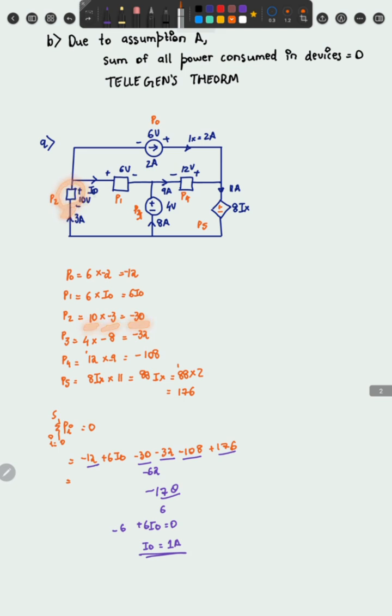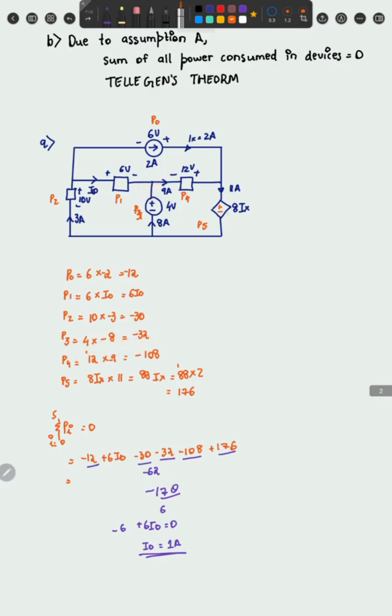For P1, the current is entering the positive terminal, no need to change: 6 into I naught, that is 6 I naught. For P4, the current is entering negative, it should have entered positive, so P4 is 12 into -9, that is -108. For P3, the current is entering negative, it should have entered positive, so -8 into 4 volts, that is -32.